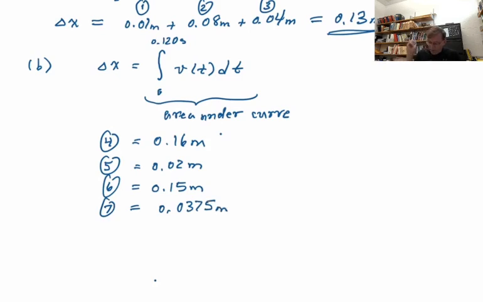I'll round my final answer to 2 significant figures. So delta x then is the sum of all 7 areas. When you do that, I get 0.4975 meters, which I will round to 2 sig figs, 0.50 meters.